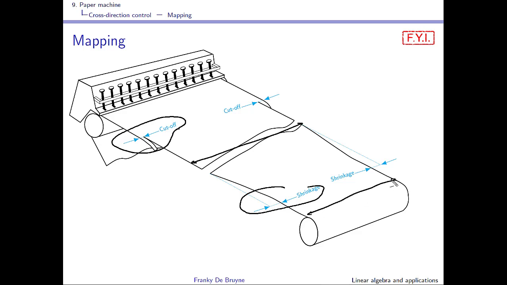Remember also that the paper was wandering from one side to the other. And the mission is now, when you have here a measurement box, measurement box X, to which actuator are you going to assign it?